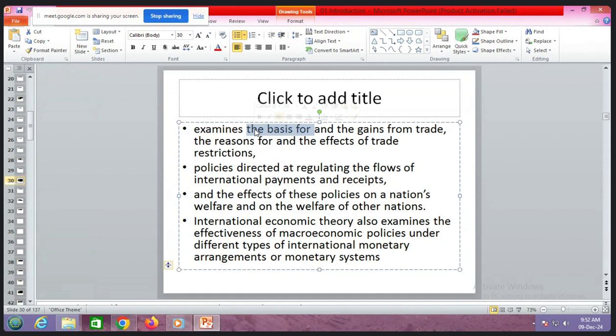To put it in simple language, it means why trade should take place between two countries.